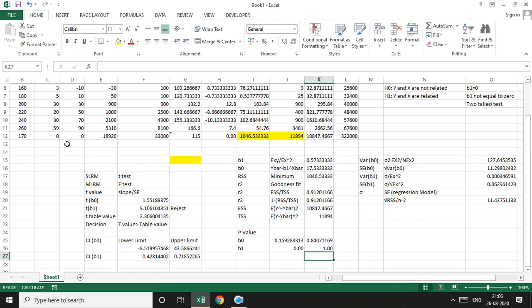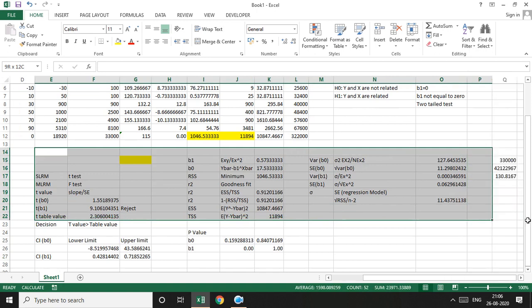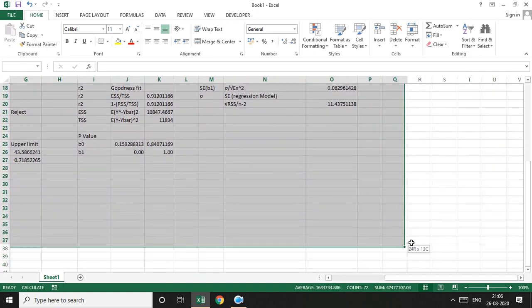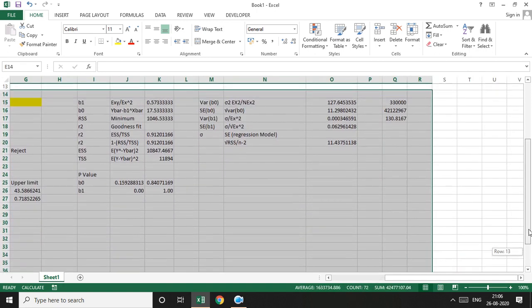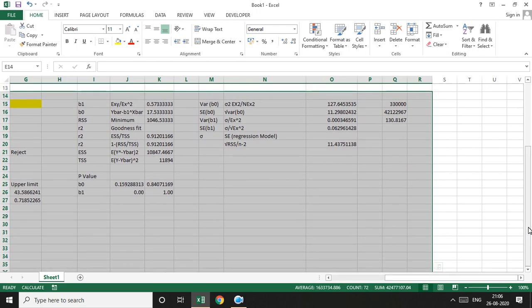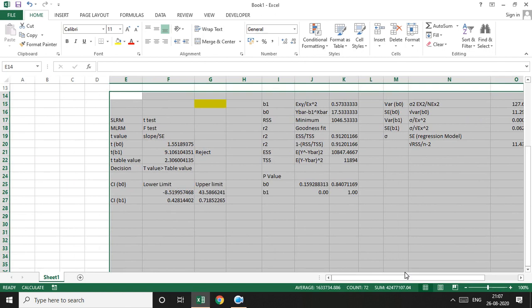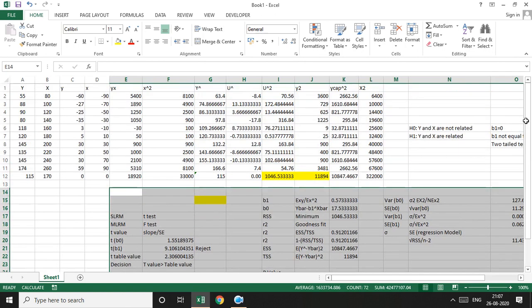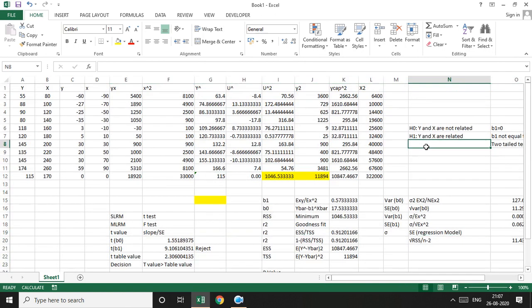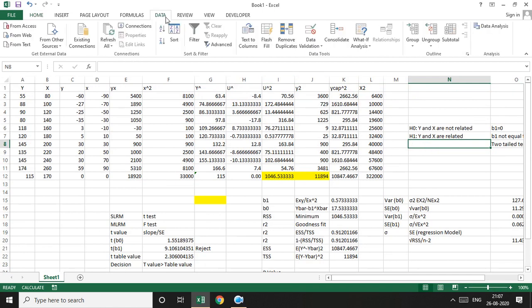So this is how we can find out manually all the estimation procedure, hypothesis and evaluation tests of the simple linear regression model. Now in Excel, there is an inbuilt program for doing this regression.